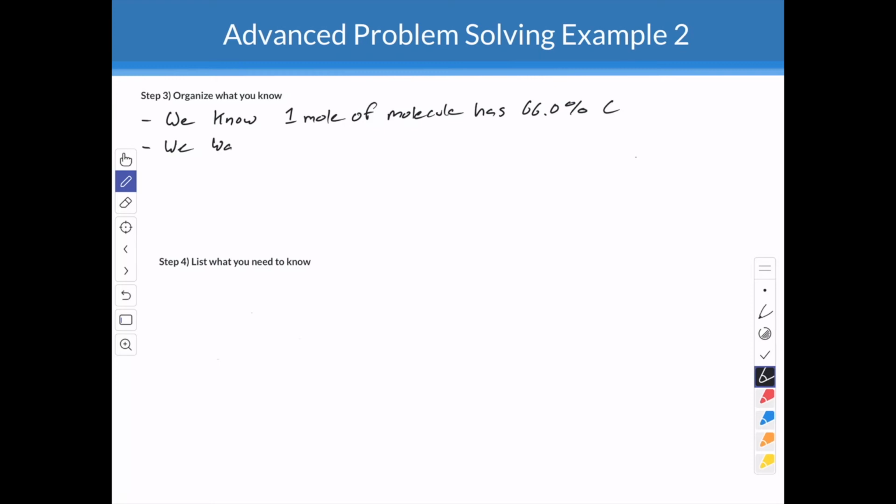We want to know the remaining percent that is the other atoms in 1 mole.